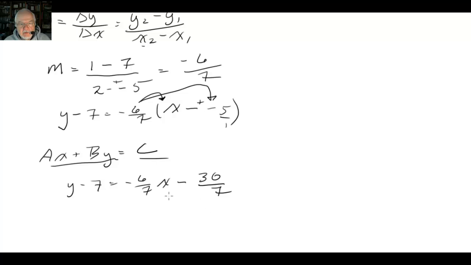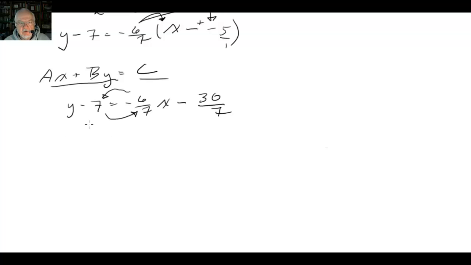Okay, buckaroos. Well, this is on the wrong side. We need to put this over here. And we need to put that over there. Okay, we can do both of them. Let's see if we can do both of them in one swell foop. Let's add 7. There we go. We're going to have to add fractions. Not a big deal.